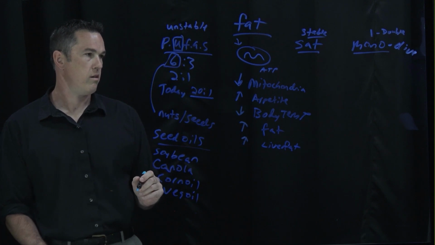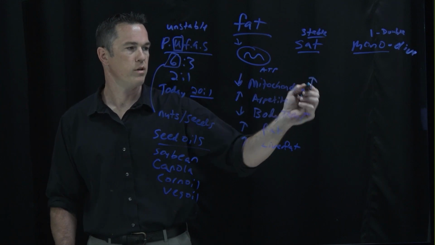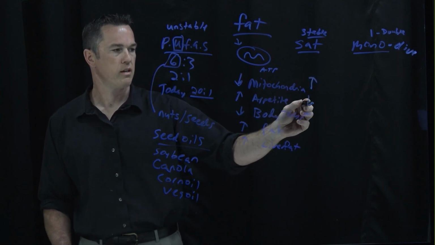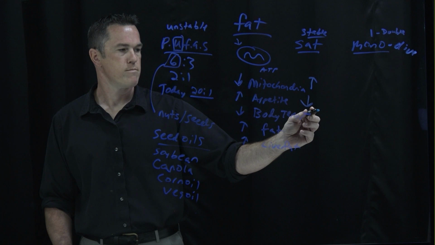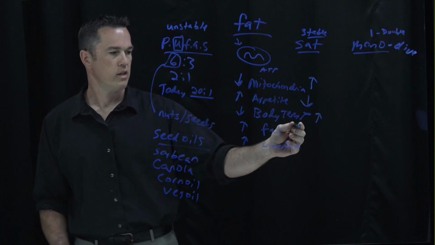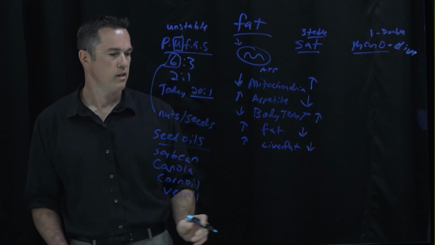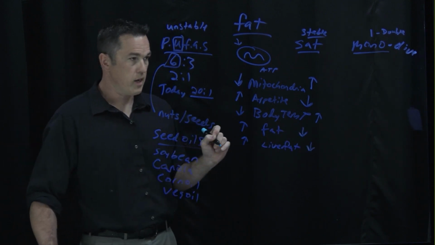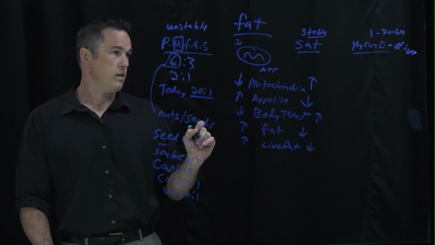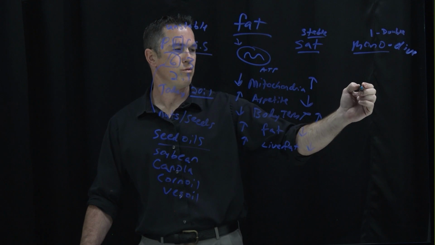Now, the saturated fat, interestingly, increases your mitochondrial output, lowers your appetite, increases your body temperature through thermogenesis, lowers your fat, lowers your liver fat. And then the monounsaturated fat is kind of the neutral stepchild.